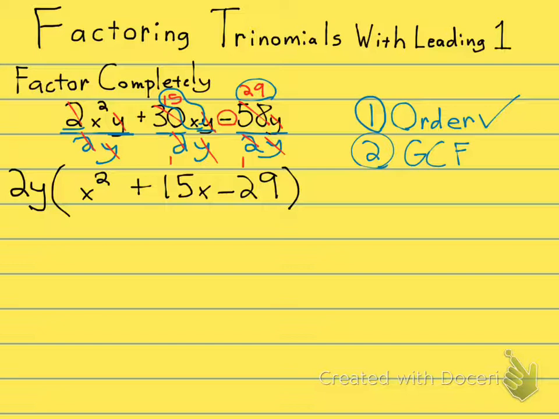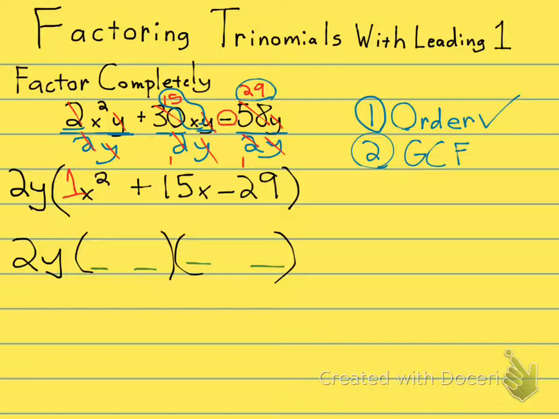So now that I've taken out my GCF, the GCF is going to stay on the outside, but now I can factor this trinomial, and it is a trinomial with a leading coefficient of 1. So I'm going to fill in my 4 green blanks. 1, 2, 3, 4.